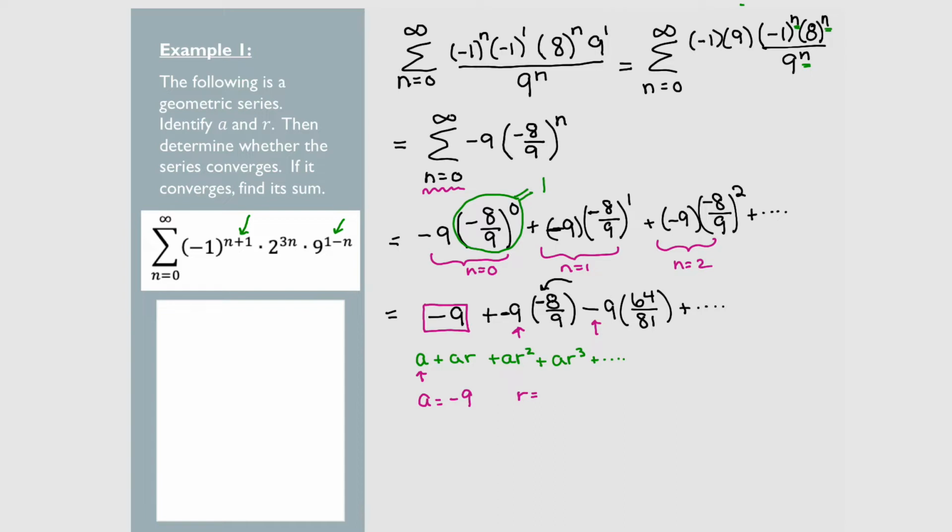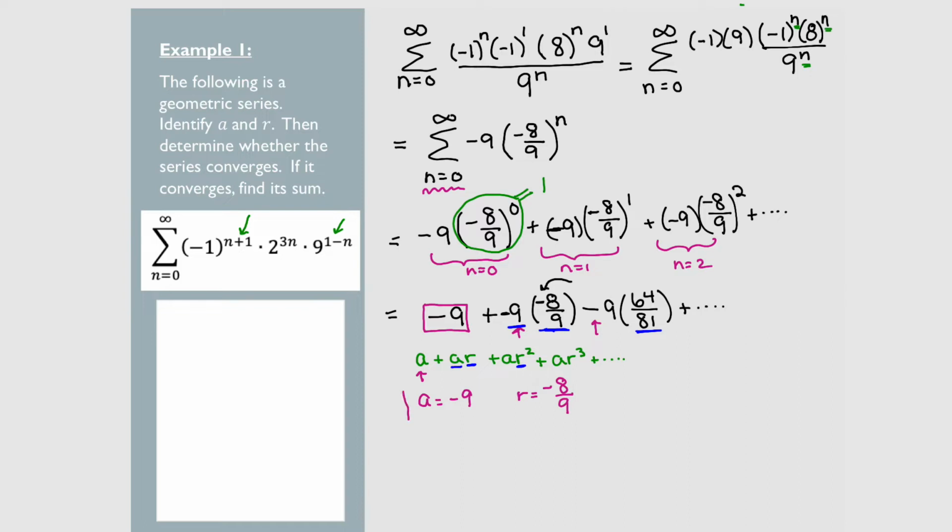So I have negative 9 as my first term, my A value, and the second one is going to be A times R. So I have my A value, but this has to be my R value. My R value is the thing that gets multiplied. And if I take that and square it, well, sure enough, negative 8 over 9 squared is 64 over 81. So each time I'm multiplying by a factor of negative 8 over 9, so my R value is negative 8 over 9. So far, so good.